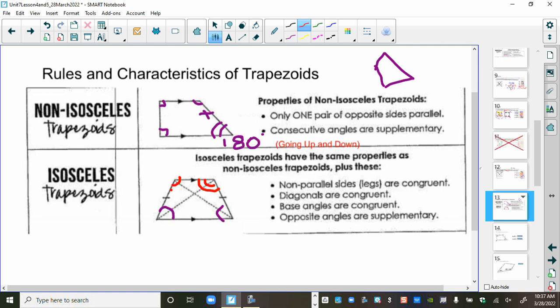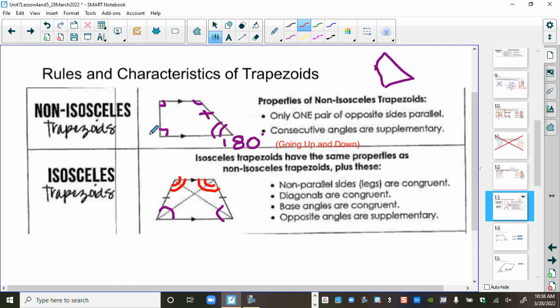And you could also say the opposite angles, along with your consecutive, like going up and down, are going to be supplementary. But going across, depending on what type of trapezoid you're dealing with, they're either going to be congruent. Now, some of them might not be, like right here, they're not going to be congruent. So you got to be careful.